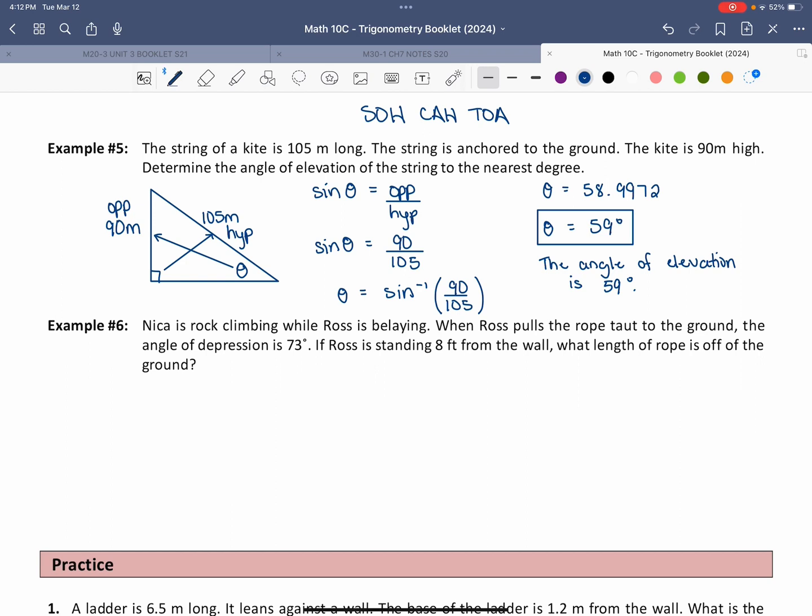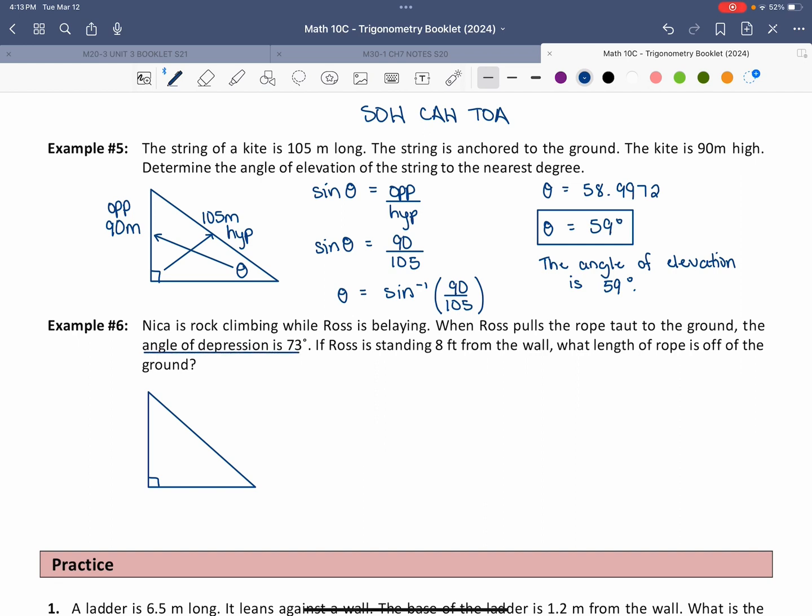Example 6. Nika is rock climbing while Ross is belaying. When Ross pulls the rope taut to the ground, the angle of depression is 73 degrees. If Ross is standing 8 feet from the wall, what length of rope is off the ground? So draw your triangle. In this case, it says angle of depression.